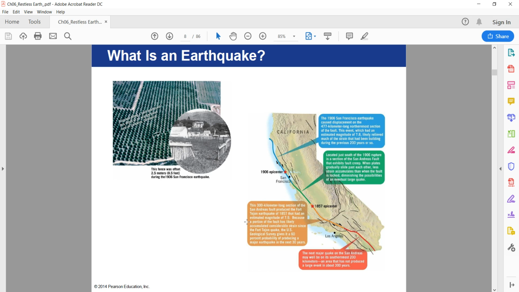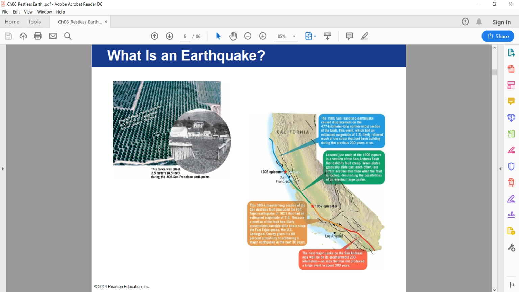This is one example in California. In the early 20th century, in 1906, there was a major earthquake event in San Francisco. Here you can see a fence around some residential neighborhood. This fence itself has moved 2.5 meters. This indicates that part of this fence was on one side of the transform plate, another part of the fence was on the other plate, and this plate has moved.